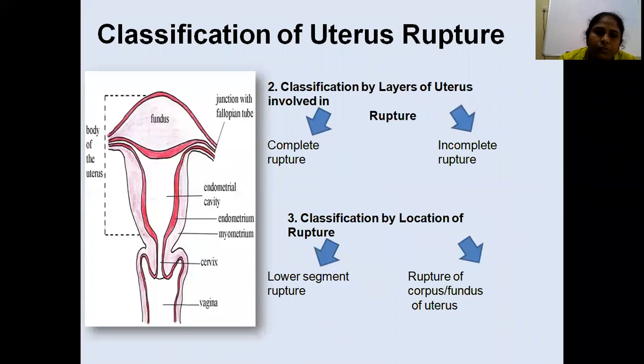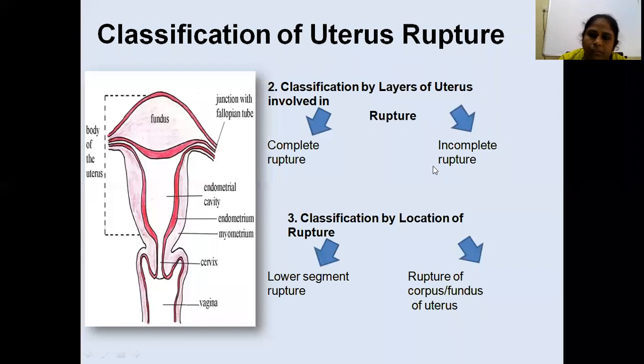And classification of the rupture of the uterus by the layers is complete rupture and incomplete rupture. Incomplete rupture is usually called scar dehiscence. Complete rupture is where all the layers, the endometrium, myometrium and serosa, everything, are broken. Incomplete rupture means only a few layers are broken.